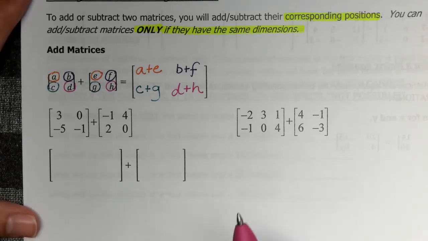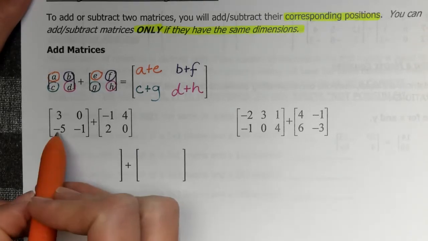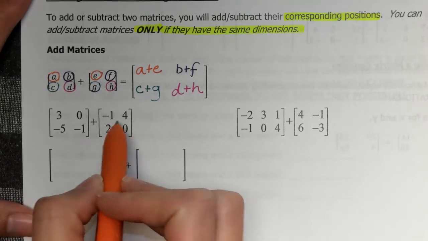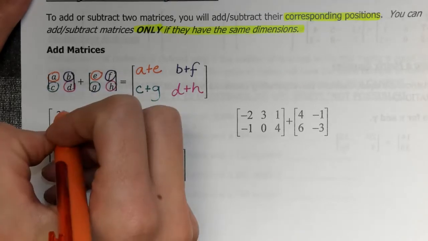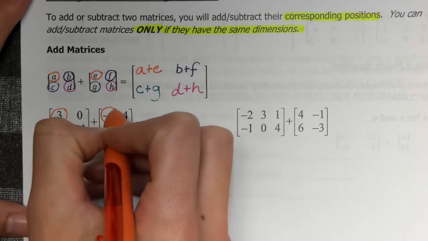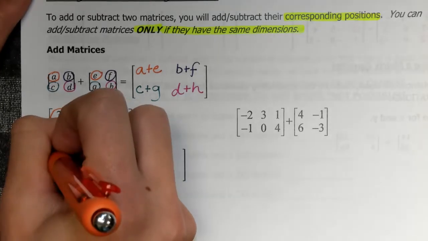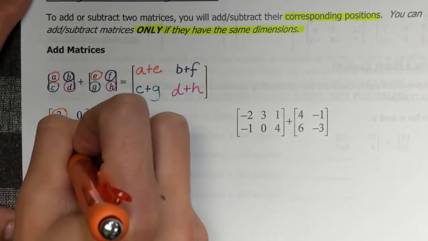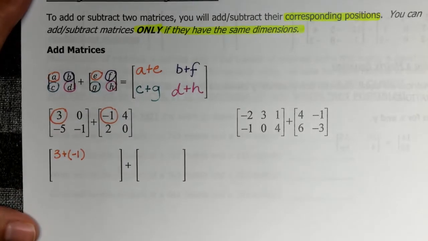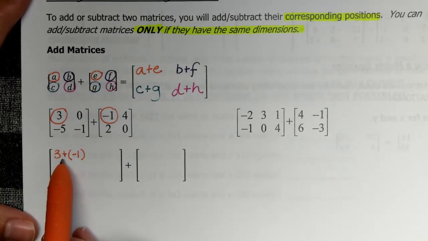So if I'm looking at this, I've got 3, 0, -5, -1, -1, 4, 2, 0. I'm going to take 3 and add a -1. I know this is not mathematically how I ever accept it, but right now, since we're adding, I'm going to put it like this so you can see what you're adding.